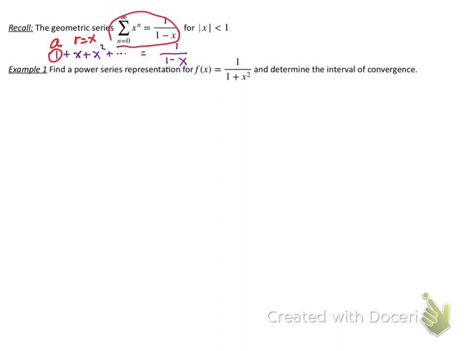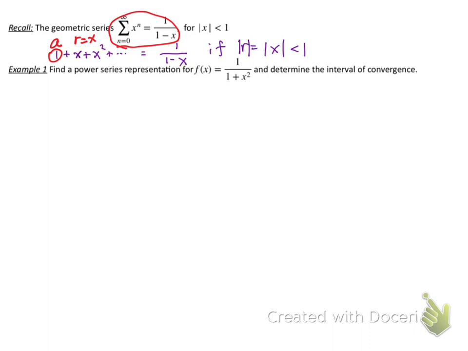The summation of all the powers of x is 1 over 1 minus x. The series converges if the absolute value of the common ratio, which is the absolute value of x here, is less than 1. That's the condition for the series to be convergent.